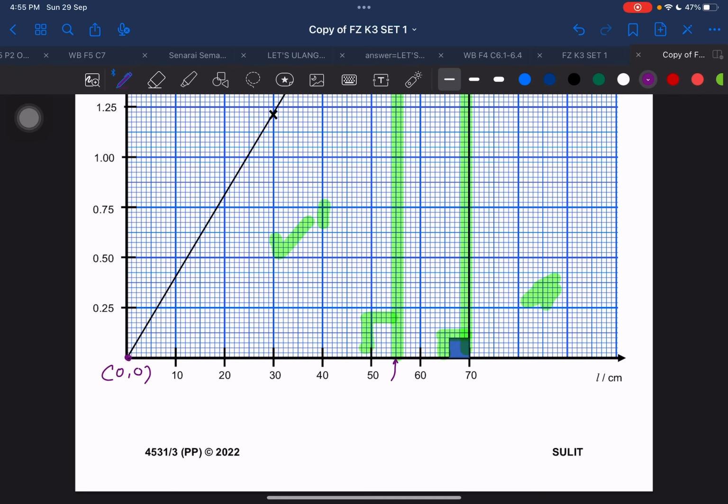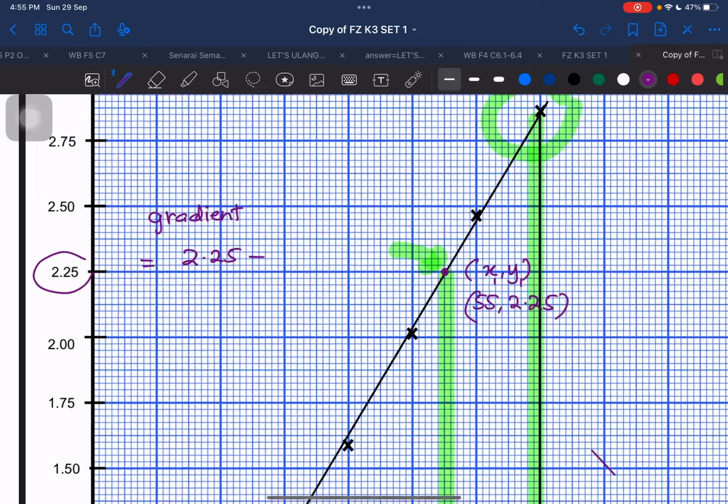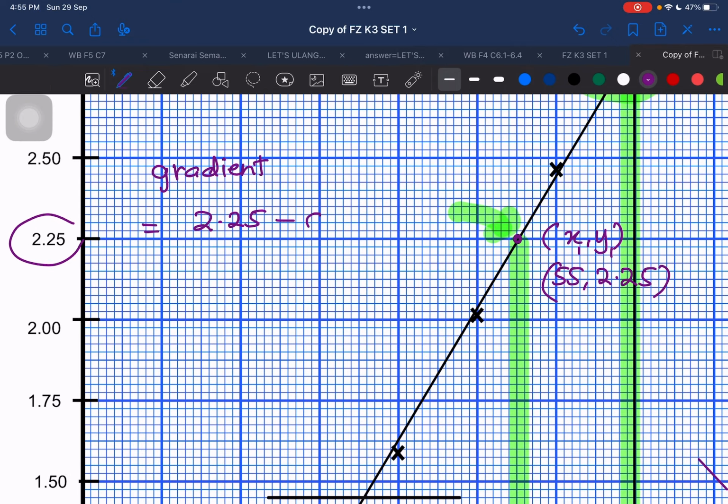Here 0, 0. You must write it even though it is 0, divided by x, 55. You also need to show this. Then you calculate. This is another mark. Your final answer with the correct unit will be tick number 3.